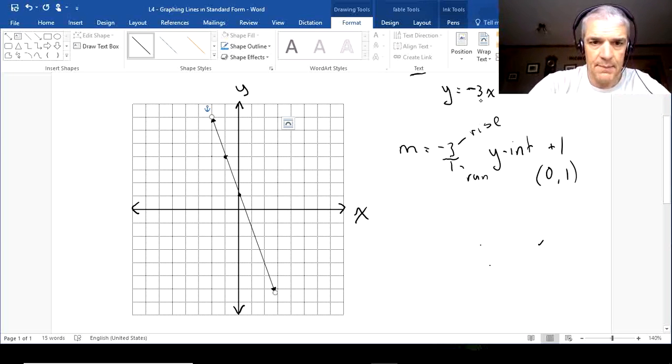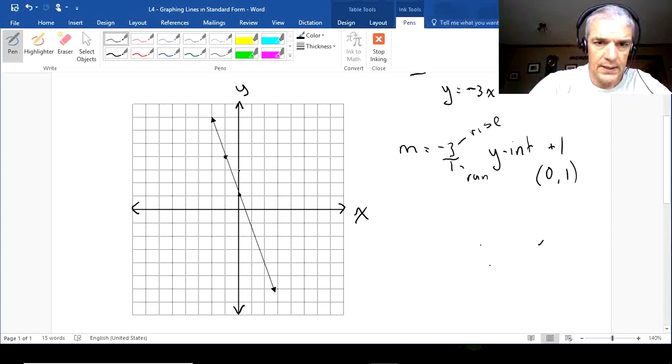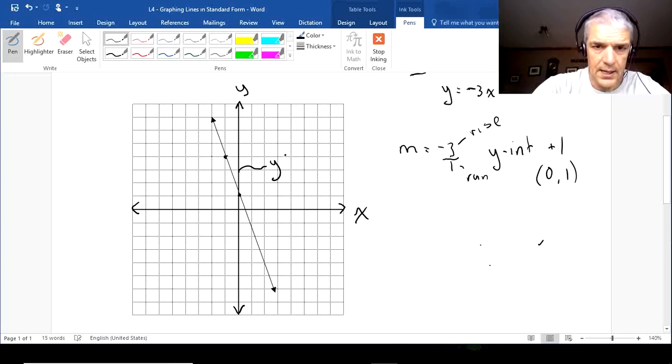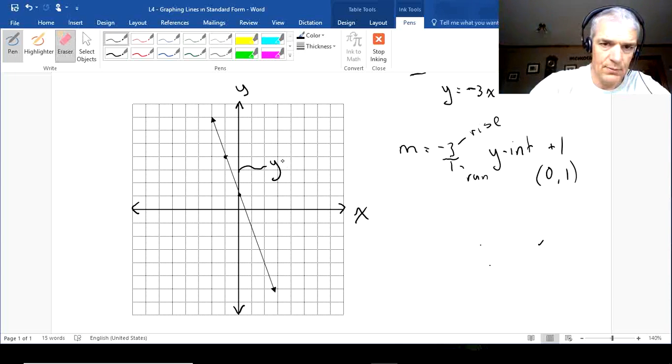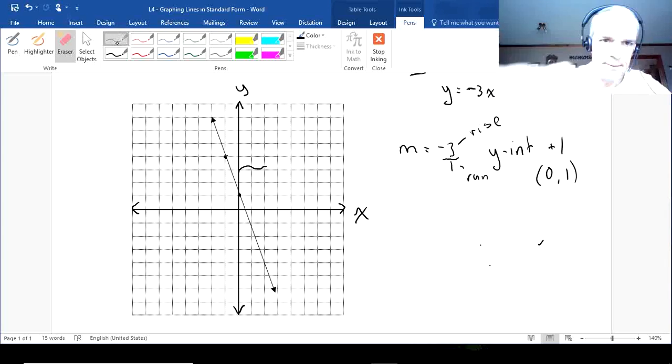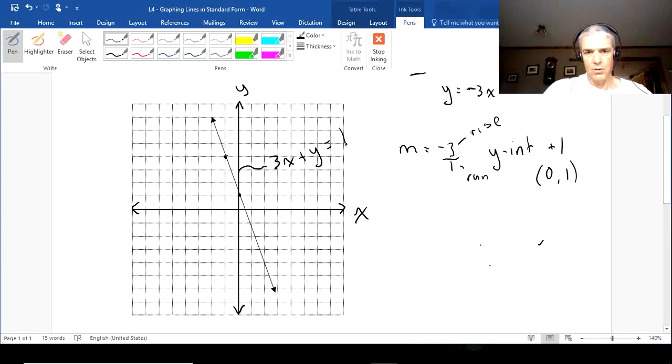And so if I come back in with my pen, I've got to activate my pen again, and I go like this, y, whoops, that was a mistake. I don't want to use that method. Just erase that, go back to my pen. I want to write 3x plus y equals 1. And I have now graphed that line.